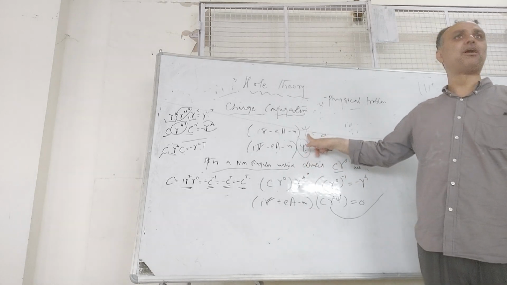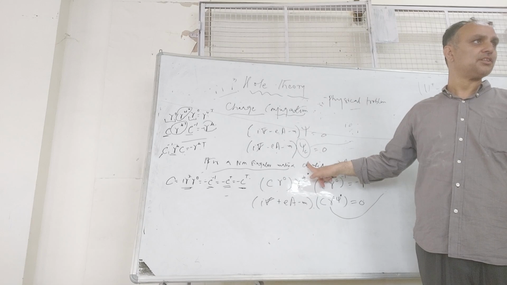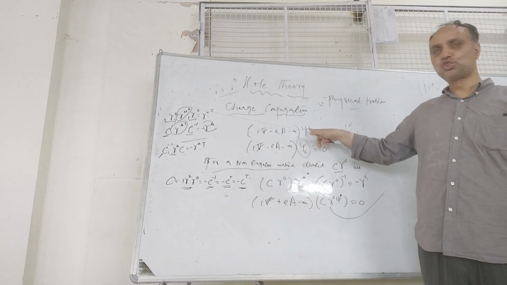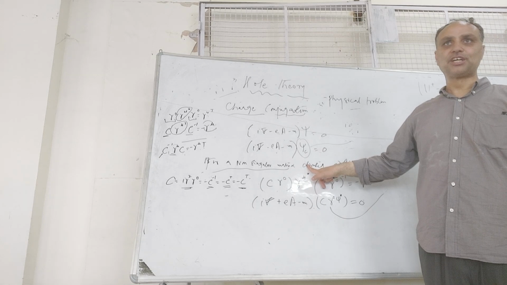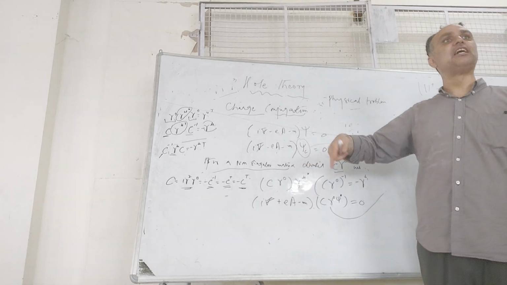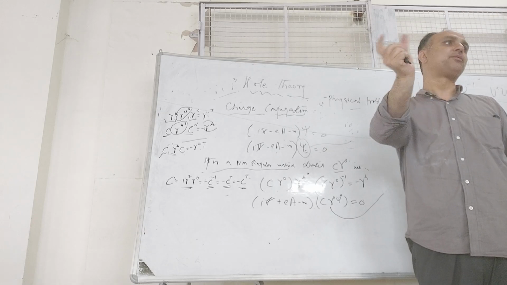If psi is a particle, psi conjugate will be the antiparticle. Okay. So there is a way in which psi is related to its psi conjugate and which will in turn embed in it the relations of particles as well as antiparticles.